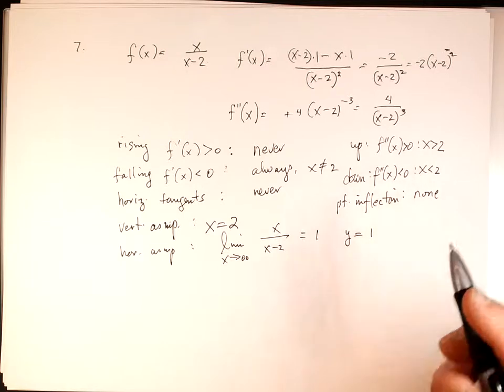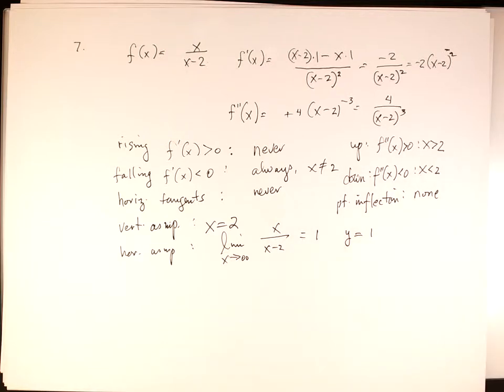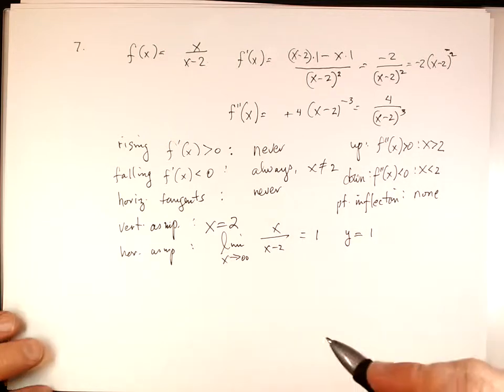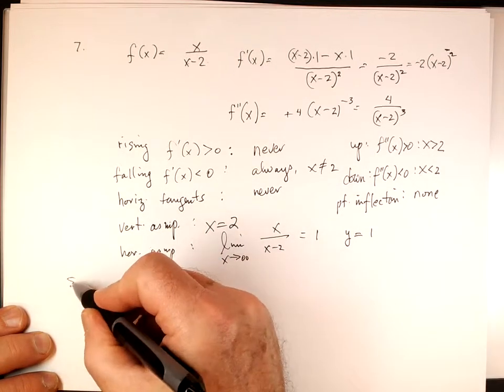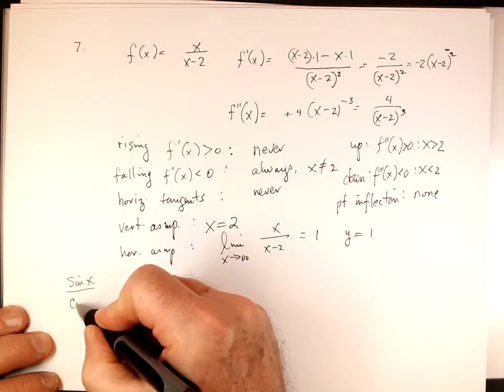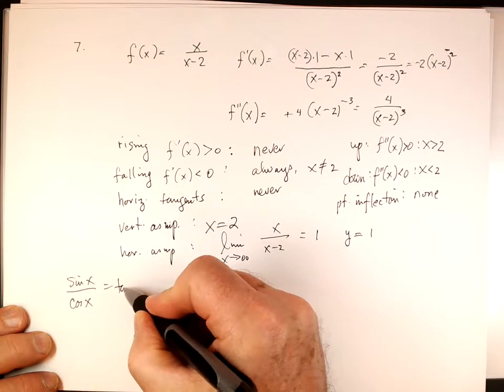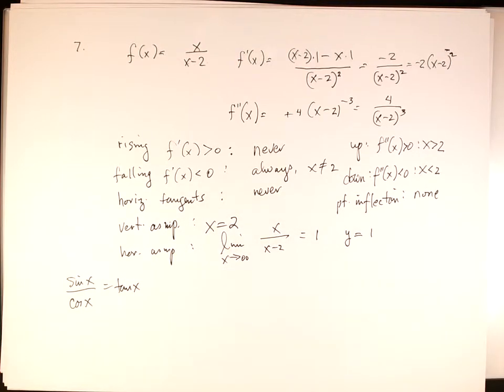Question. Yes. What if it was sin x over cosine x? Whoa! If we had sine x over cosine x, for example, and we're taking a limit as x goes to infinity, first of all, that's tangent x. Tangent x as x goes to infinity, there is no limit, because tangent is periodic. It goes like this, goes like this, goes like this.